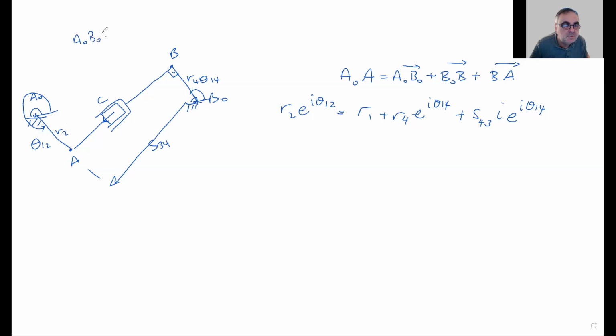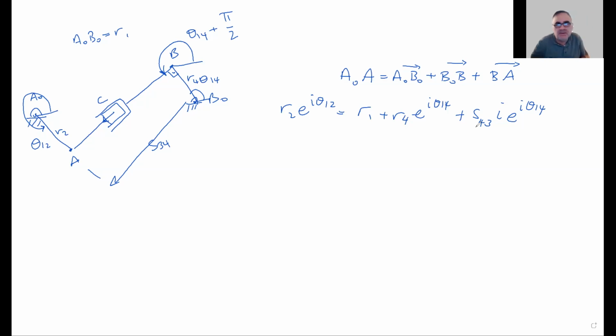A0 B0 is R1. So we get the following expression. The angle here, as you see, is theta 1,4 plus pi over 2. And since that is the case, we can multiply the unit vector by i to get theta 1,4 plus pi over 2, okay, as our unit vector.